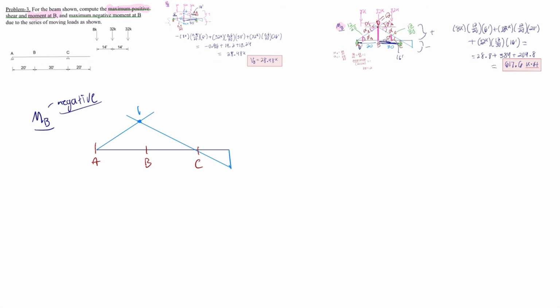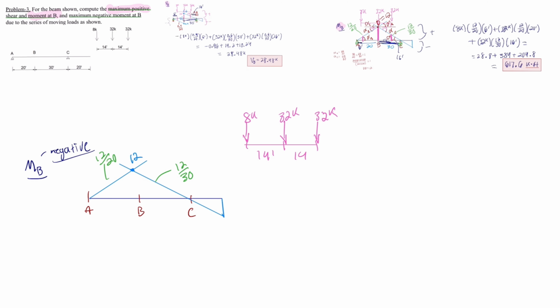We said that this was 12. We said that this slope was 12 over 30, and this slope was 12 over 20. So now we can go ahead and draw the load, the moving load. Since we want the maximum negative moment at B, we're going to have to place this moving load in the maximum negative section.